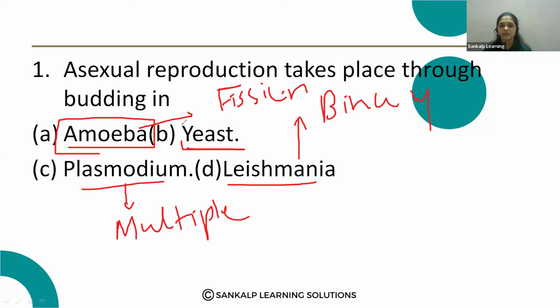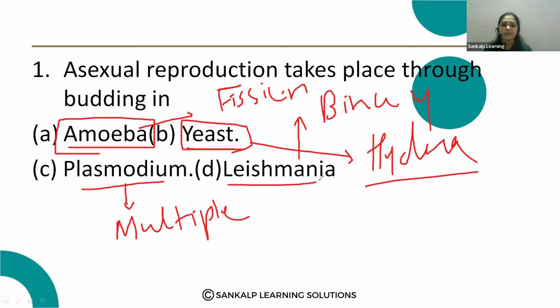But in yeast we can observe budding, and in hydra also. These organisms reproduce by budding. Okay, so option B is the correct answer.